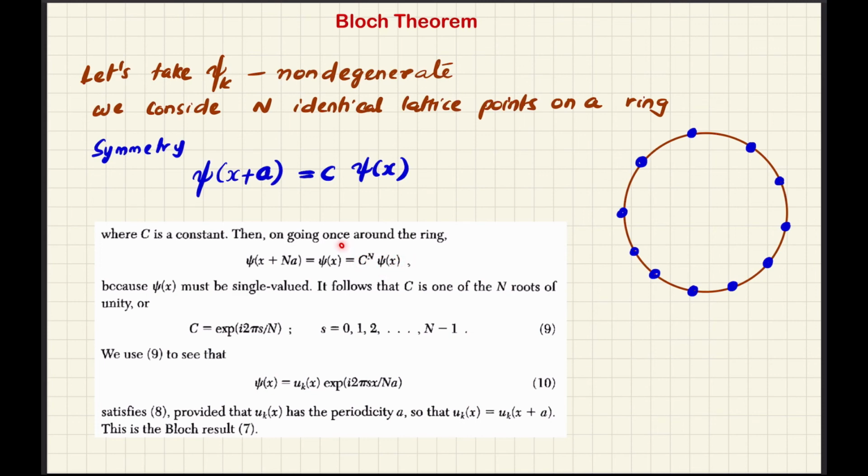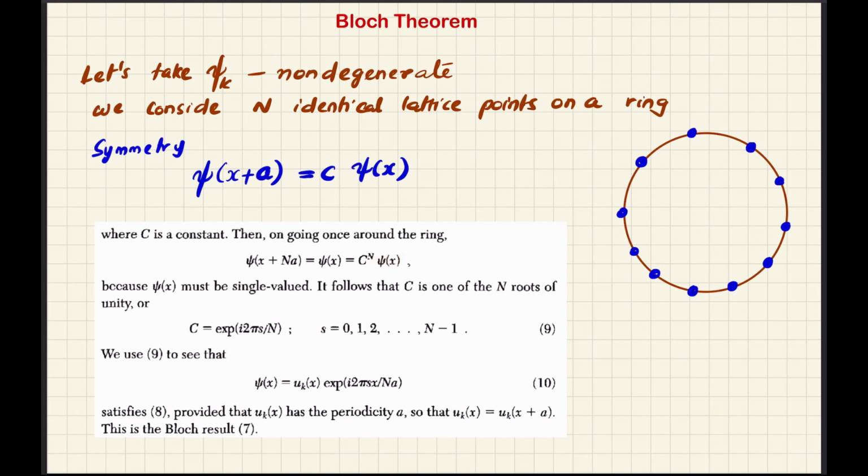This is the first argument: if you displace the position by N times the lattice parameter, you get the same wave function. So psi of x is basically c raised to N times psi of x.